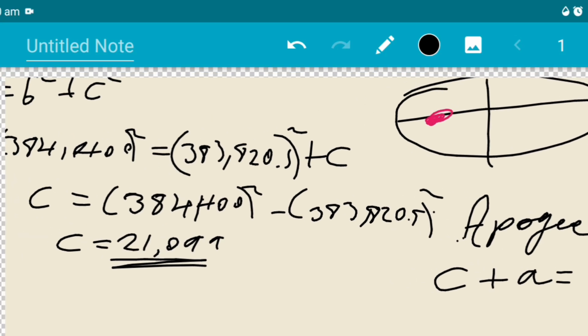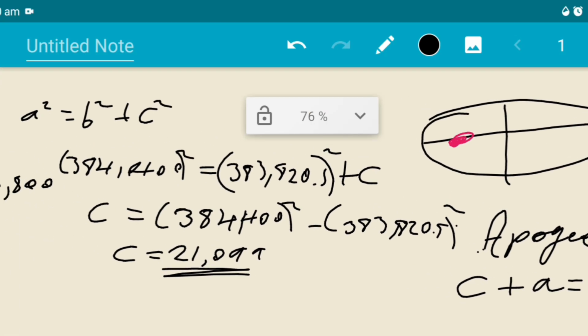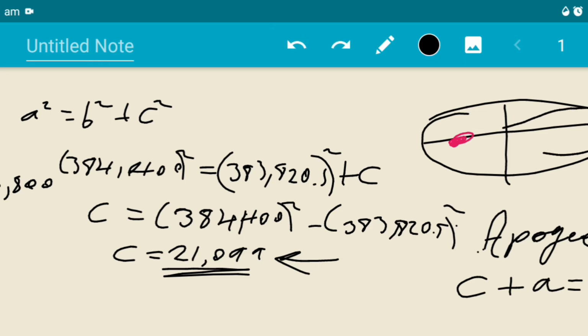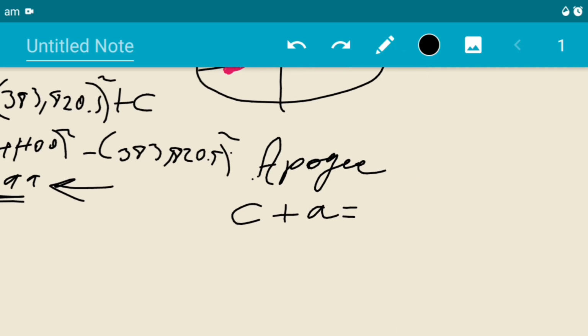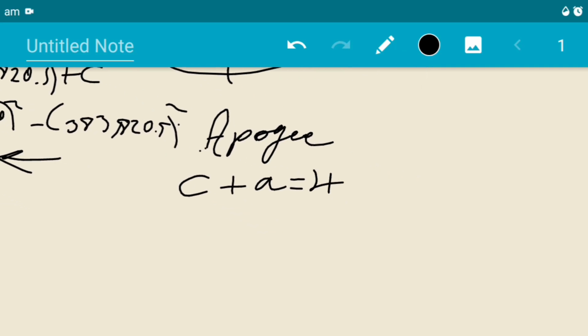In this case, what is our C? Our C is this which we found right here, which is this distance here. Then our A is this whole distance here, which is what we found when we divided by 2. So when we say C plus A, we're going to have 405,499.